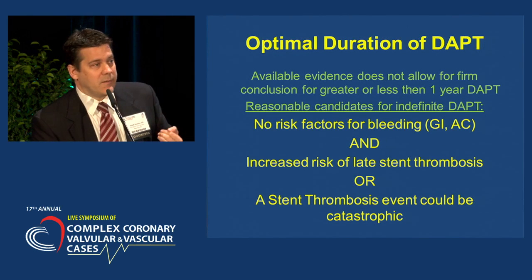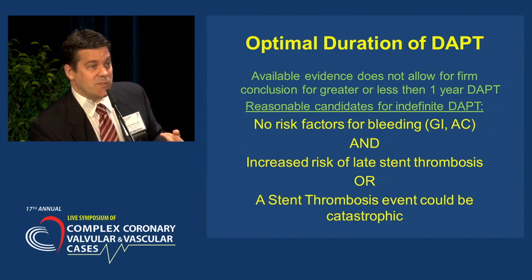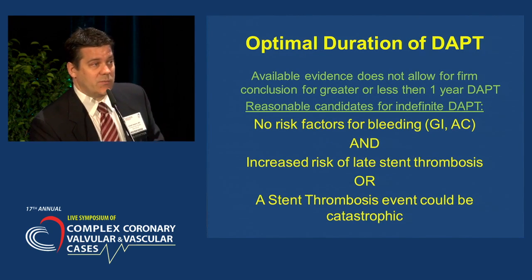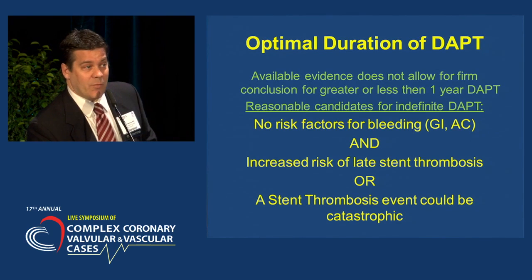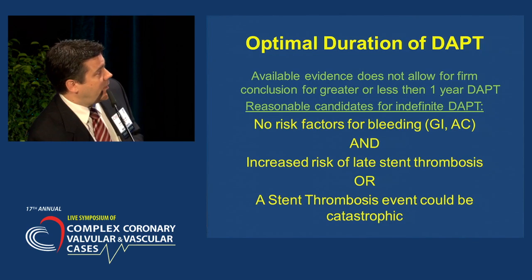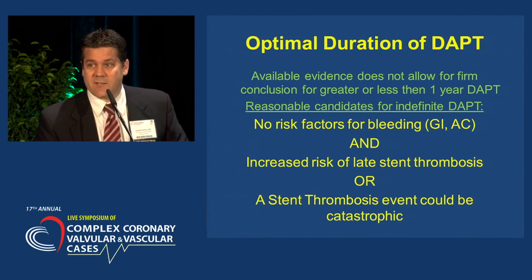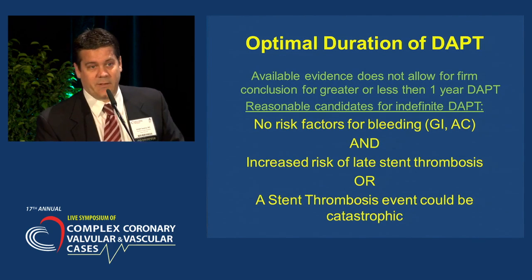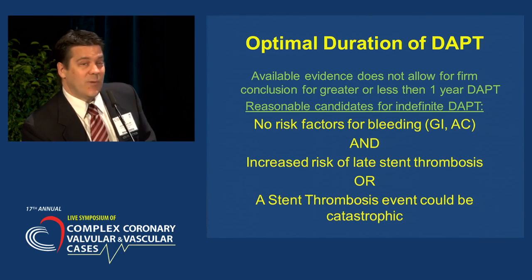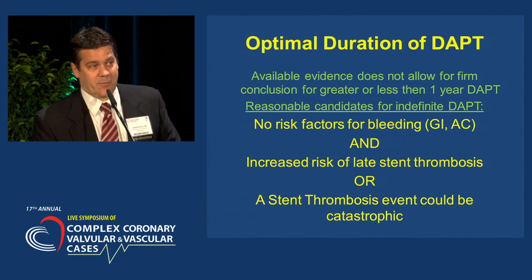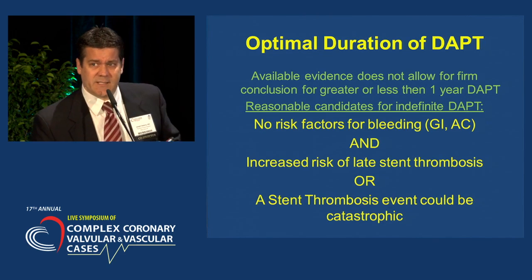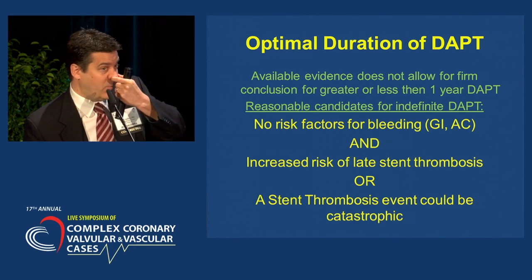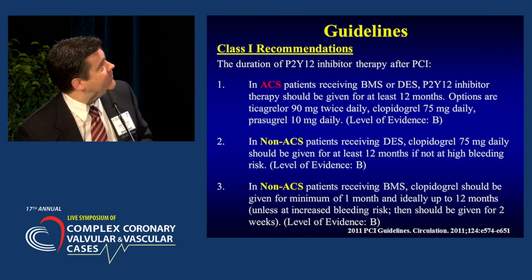There are certainly demographic reasons why someone can have stent thrombosis, a technical issue, a high risk stent, such as a left main stent or a bifurcation stent, or if they have stent thrombosis, it's catastrophic, and that's the left main or proximal LAD. If you have these, then you might consider being on indefinite antiplatelet therapy. But right now the guidelines tell us 1 year, but this will probably change in the next version.